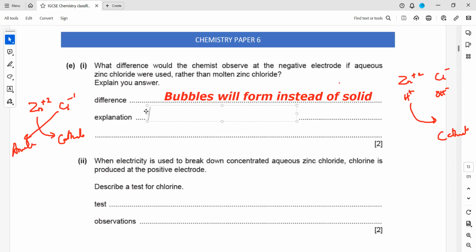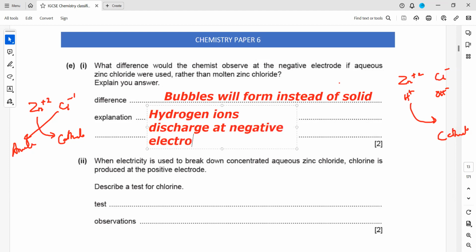Explanation: because the hydrogen ions discharge at the negative electrode or cathode to form hydrogen gas. That is the reason.